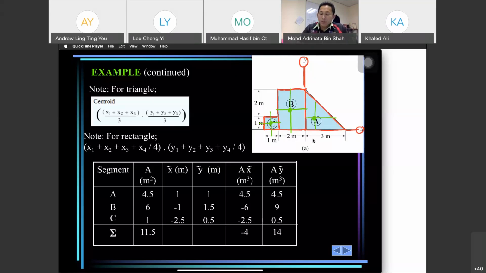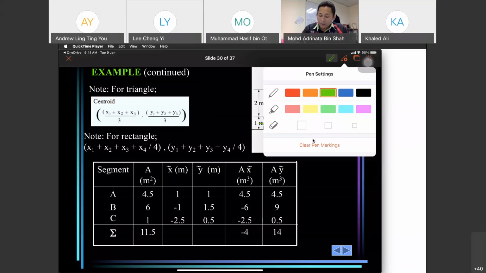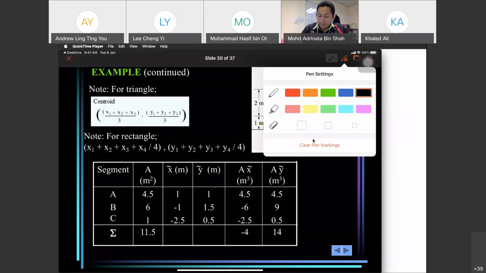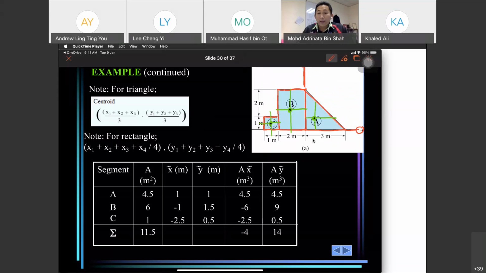That one. So what we have here is C, B, A. Then we look at A first, so we look at the area of A. What is the area of A? A is 1/2 times 3 times 3, the base and the height.